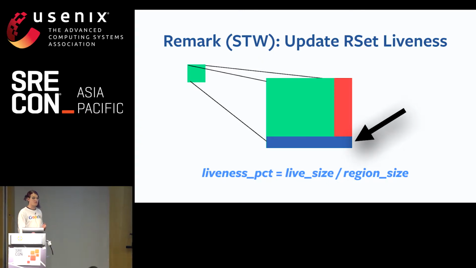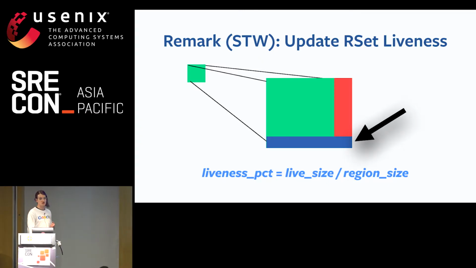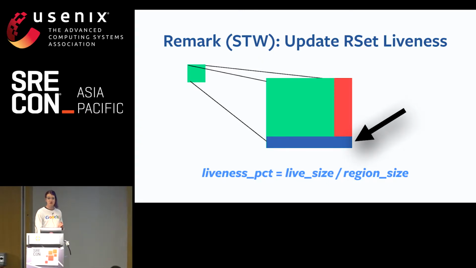This remembered set update only happens during a young GC cycle. And so when we're pruning tenured in mixed collection cycles, where we prune both young and tenured regions, we can actually have this liveness percent become stale, and then the collector is not going to be making intelligent choices on which regions to evacuate and copy out first.